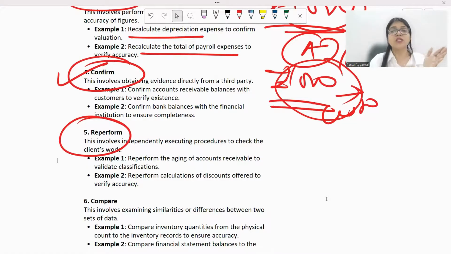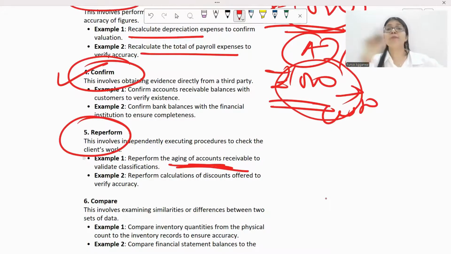If they have done some procedure, for example aging, that is a procedure on the receivable account balance, you reperform to check whether the aging they have done is correct or not, whether the procedure is correct or not. So when you have to talk about amounts, figures, then you do a recalculation. But when you have to see procedures, then you reperform the procedure. So that is the difference between reperform and recalculate.